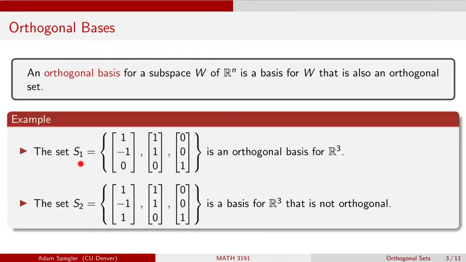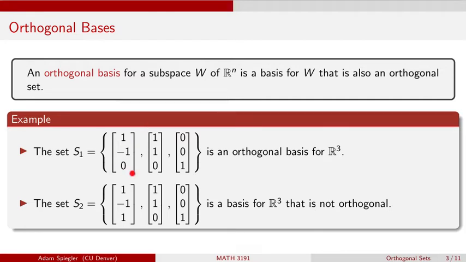So for example, if I take set S1, which consists of three vectors from R3, the first one, 1, minus 1, 0. The second one, 1, 1, 0. And the third one, 0, 0, 1. Well, we have shown earlier that all of these vectors are orthogonal to the other vectors in the set.